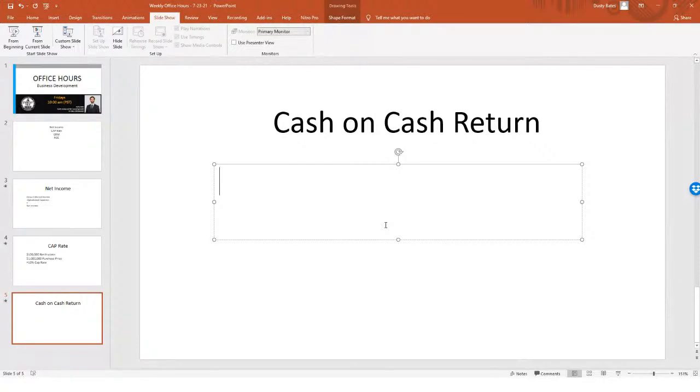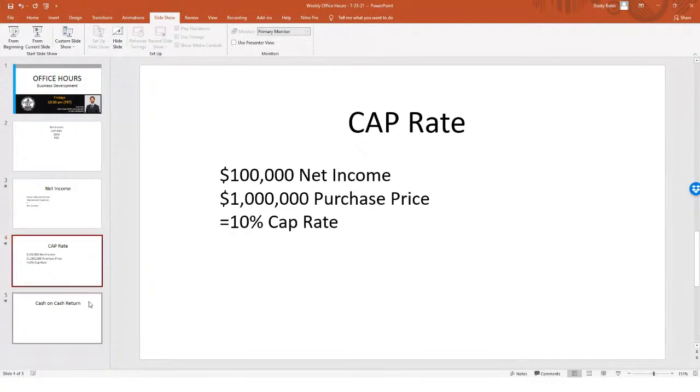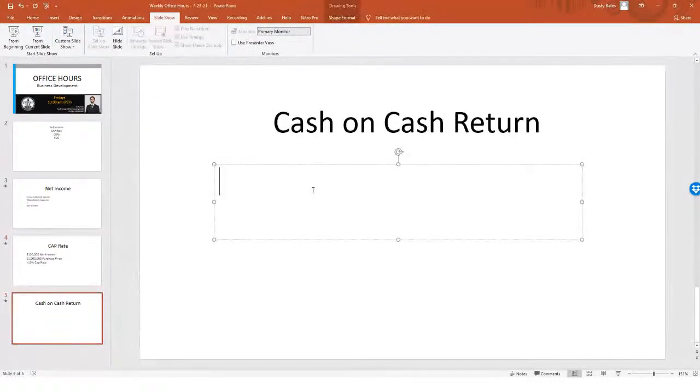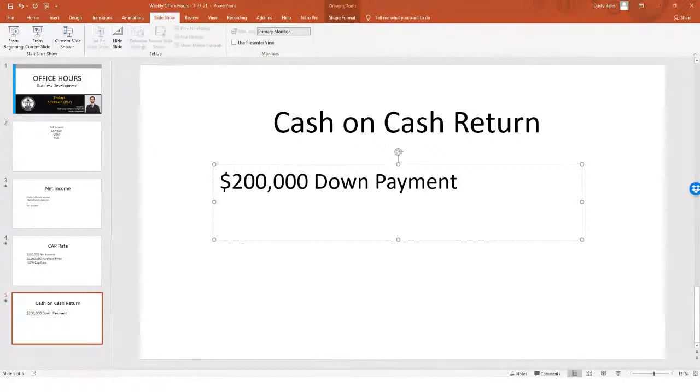So a cash on cash return would be, we said, look, we're making $100,000 in net income, but that doesn't take into account the debt service. So let's say, just to keep it simple, I've got $200,000 down payment on my $1 million building. So I've got $200,000 that controls $1 million of value.